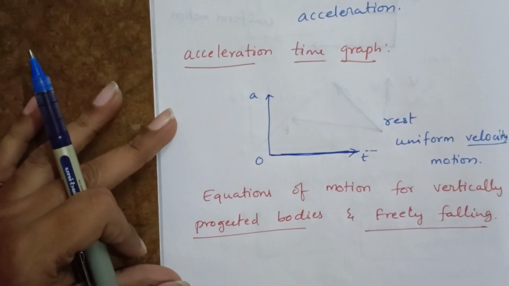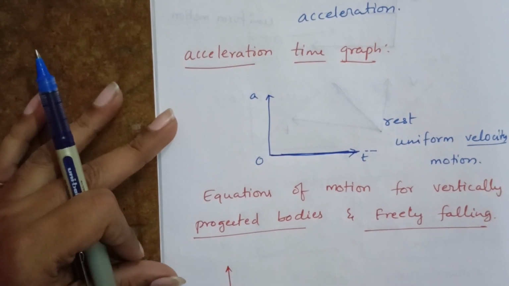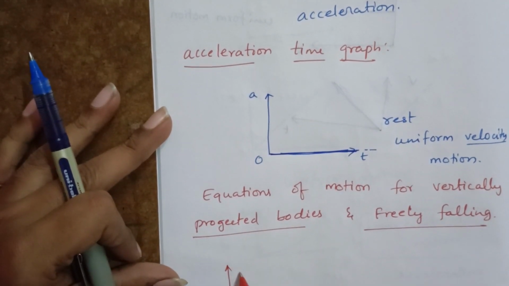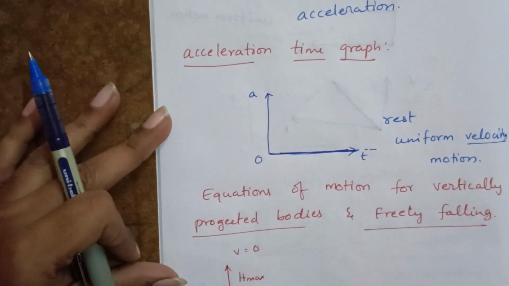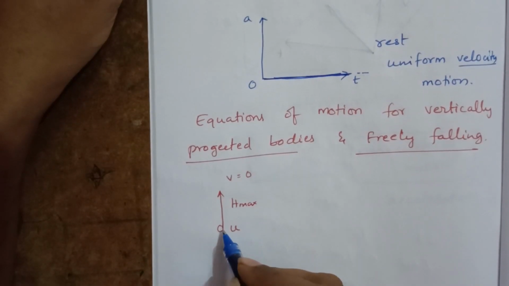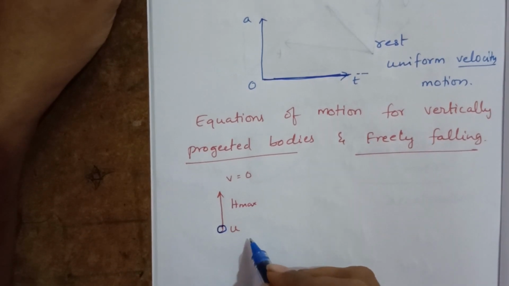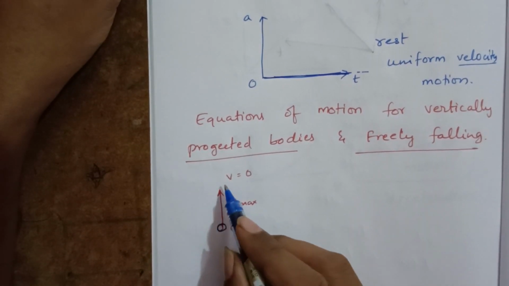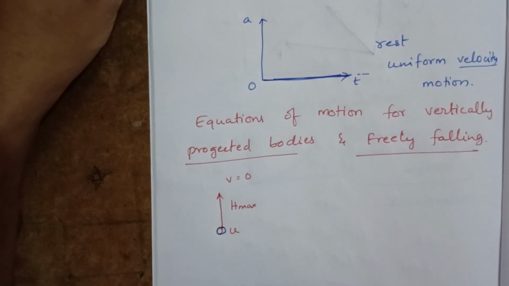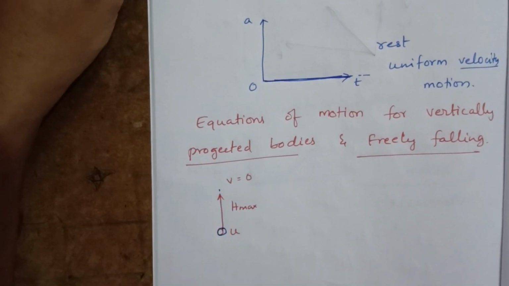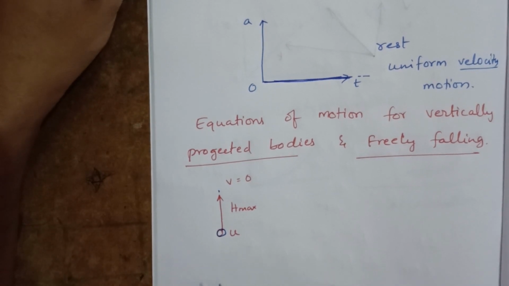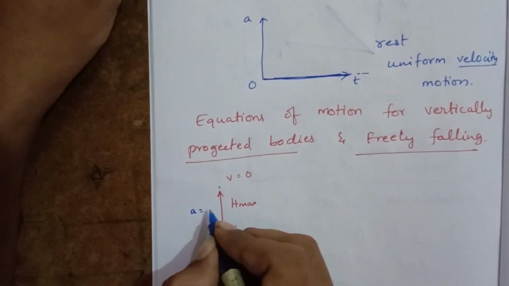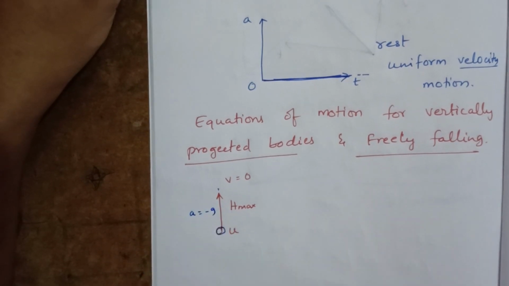Now when the body is projected upwards with an initial velocity u, it reaches a maximum height h and its velocity becomes 0. At maximum height velocity becomes 0. Displacement we can take as h, and acceleration while going up is minus g.